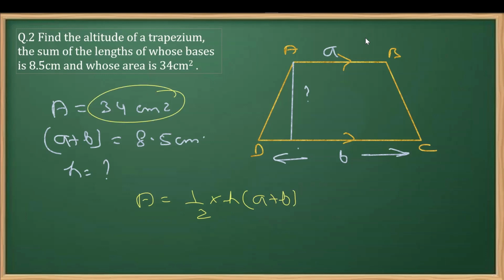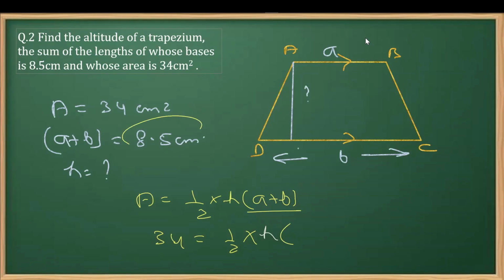We know the value of area, so we can plug in 34 over here is equal to half multiplied by the altitude, and altitude is what we have to get. Further, we have A plus B as mentioned 8.5, so I can replace this with 8.5. Now for further calculation, I'm transposing this 2 to the other side, so it will be multiplied with 2, as you know, on transposing, and will be divided by 8.5.